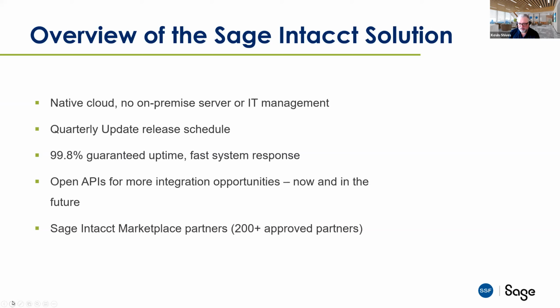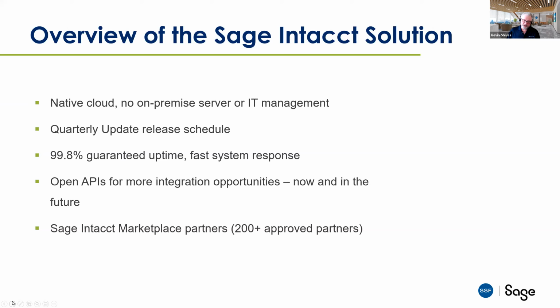Another one of my favorite things about the modern solution is that it's an open API platform. Essentially, that means it plays well with other software. In fact, over 200 partners, other best-in-class software vendors, have gone through the process to join the Sage Intacct marketplace.